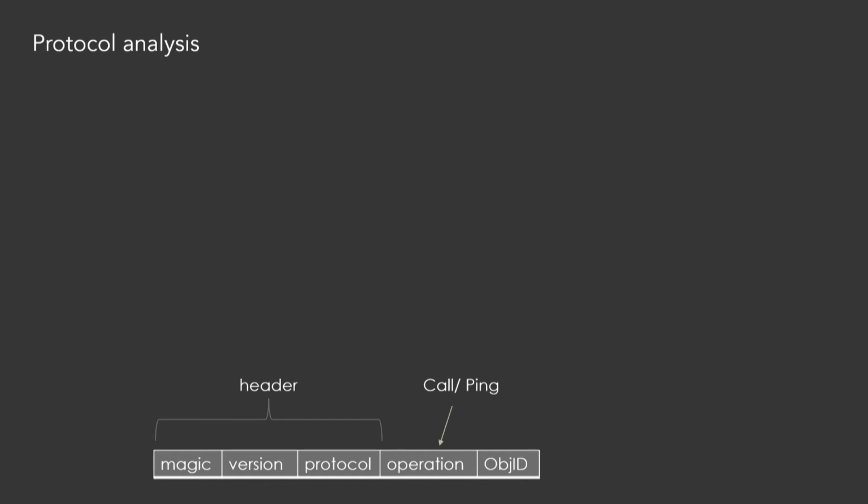This is where applications like Nmap, the network scanner, identify the RMI protocol under the wire. It just invokes a ping call to the RMI service, and if it acknowledges the request, then it's an RMI protocol.